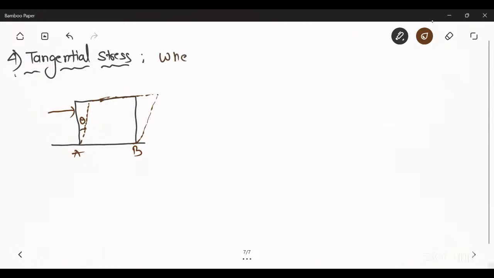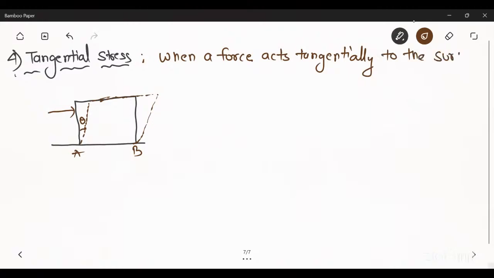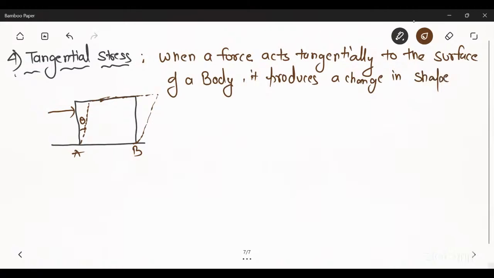So when a force acts tangentially to the surface of a body, it produces a change in shape of the body.